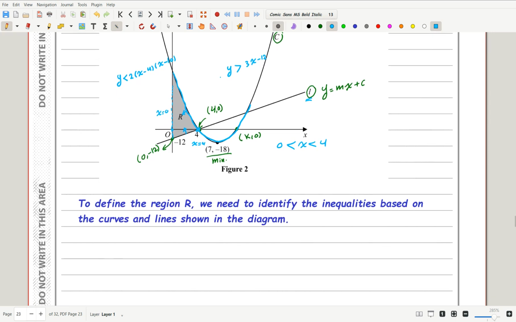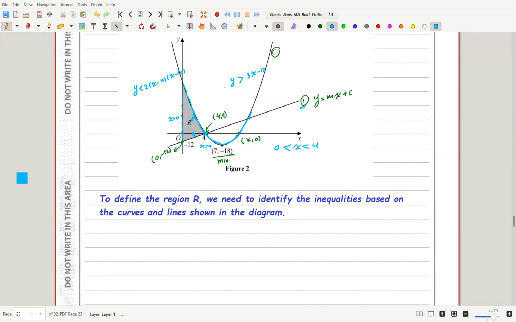So here we can combine all of these. We have x greater than 0, less than 4. At the same time, we have y greater than 3x minus 12 and less than 2 times (x minus 4) times (x minus 10).